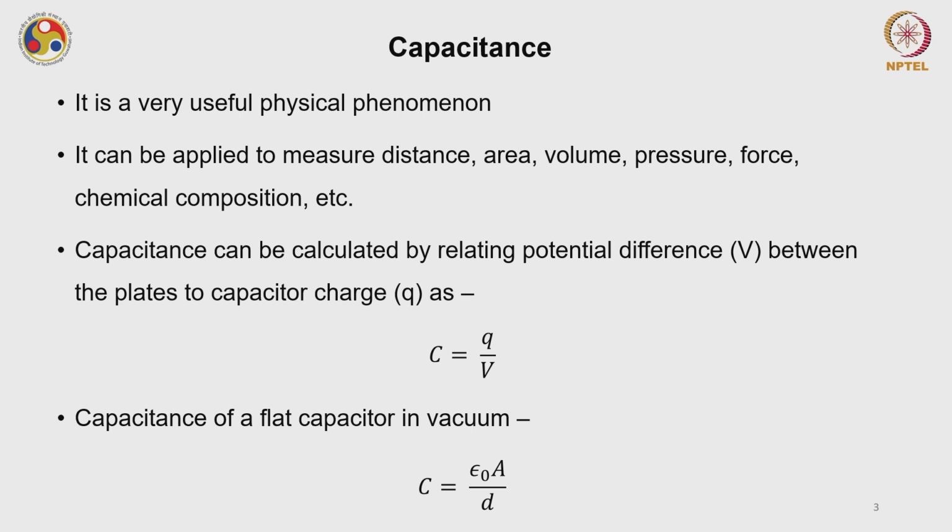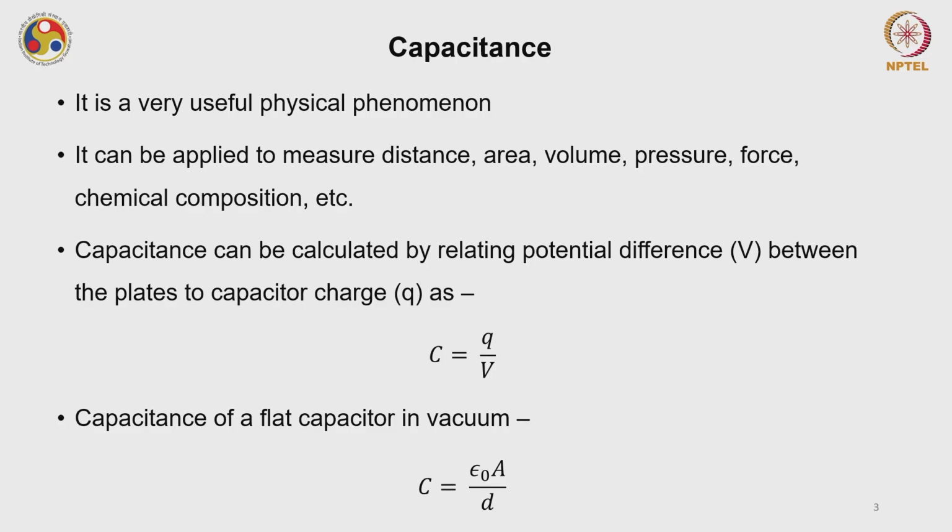This is a very crucial transduction phenomenon, and detecting changes in capacitance is very important in the context of a sensor's application. It can be applied to measure distance, area, volume, pressure, force, chemical composition, and many other things. Based on this principle I can have proximity sensors, humidity sensors, gas sensors, and so on.